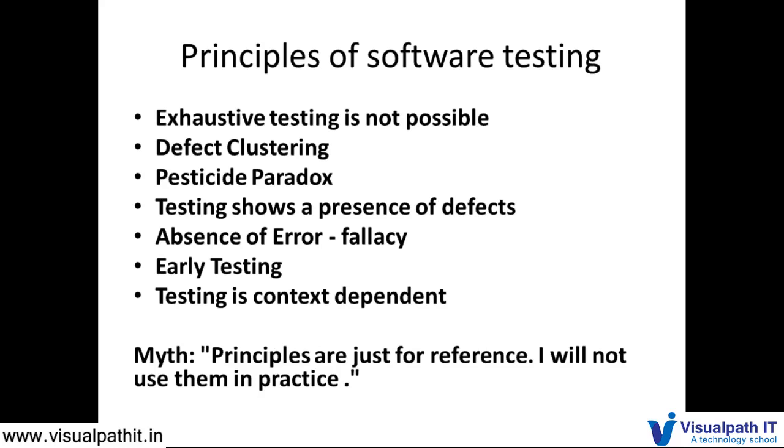You have to do more testing and concentrate more on that 20 percent, so that you don't miss any issues or bugs. That is called defect clustering. You are clustering the defects in one place. In the 20% of modules only, there is a cluster of defects, so it is called defect clustering.